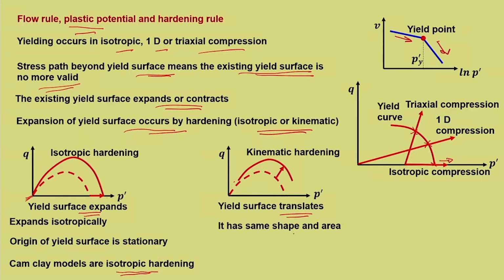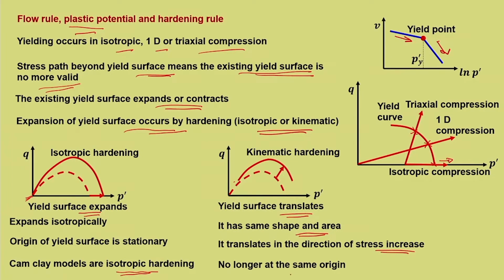It has the same shape and area, that is, the initial shape and its area are not going to change, it is relocated. It translates in the direction of stress increase or how the stress path moves, no longer at the same origin. So, that is essentially the difference between isotropic hardening and kinematic hardening.